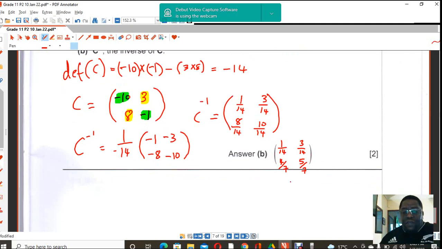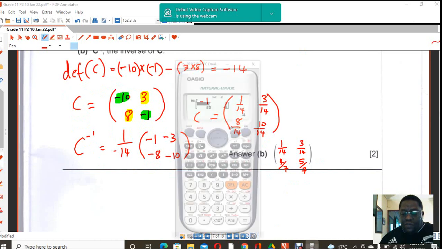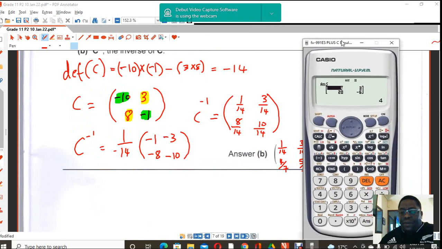Well, you can also do that. Again, you can find the inverse of a matrix by using a calculator. So let me just clear everything here. Even that matrix B, I'm going to clear it. I'm just going to say Shift 9. I'm going to clear everything on my calculator. All clear. Good. Right, so I want to find the inverse of the matrix.